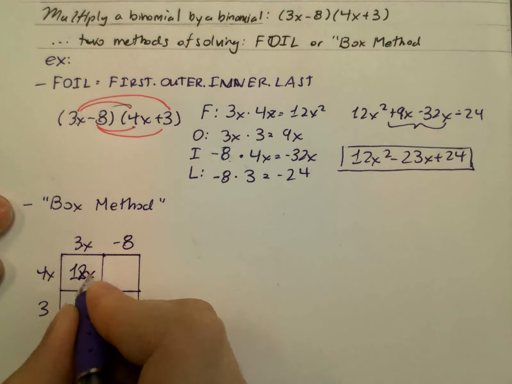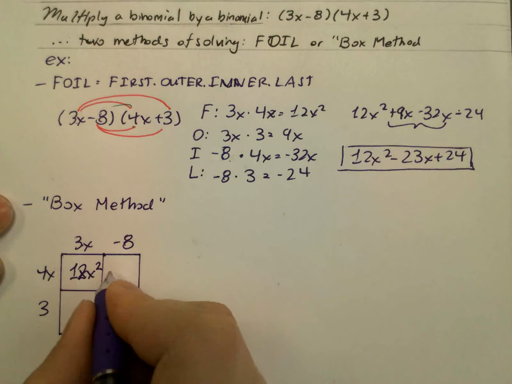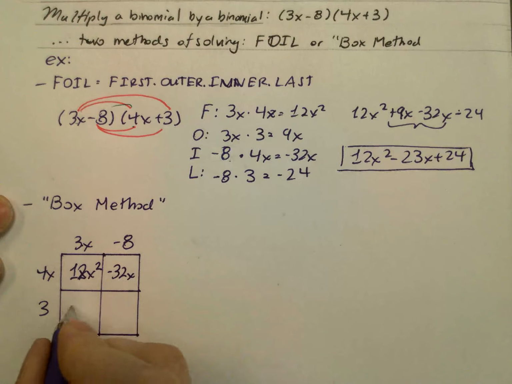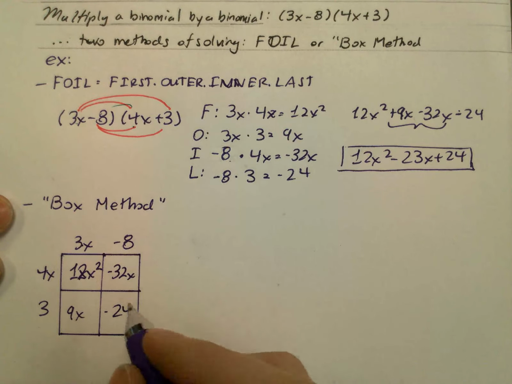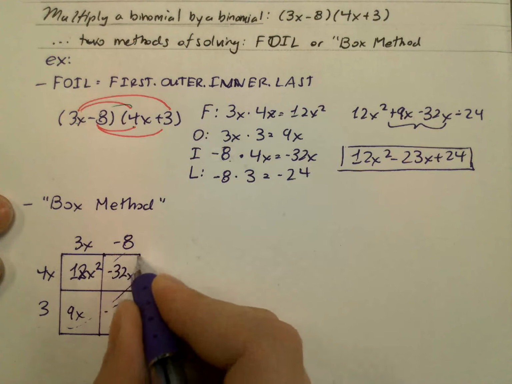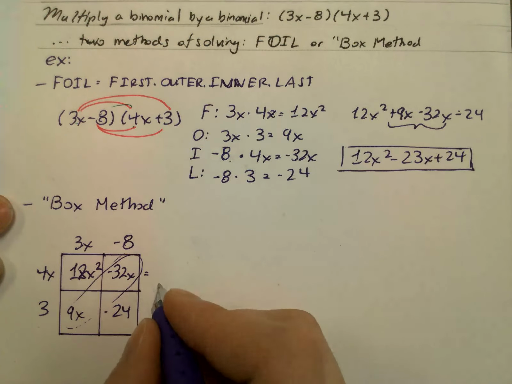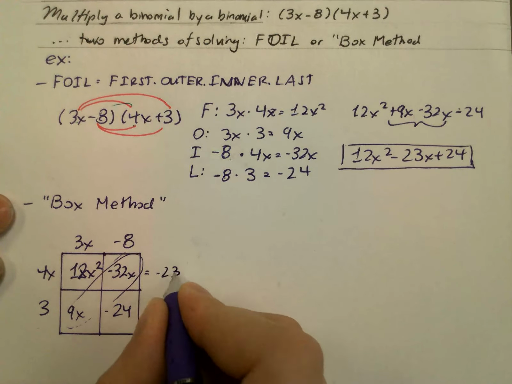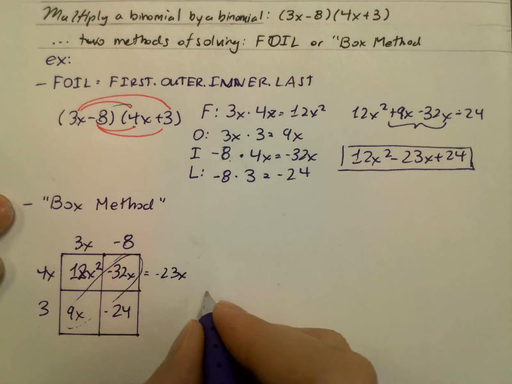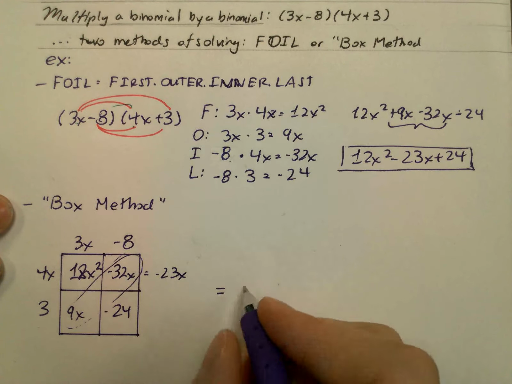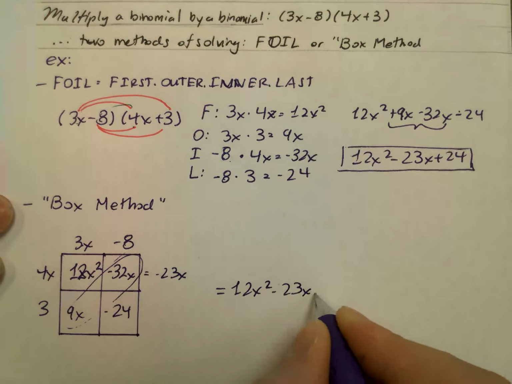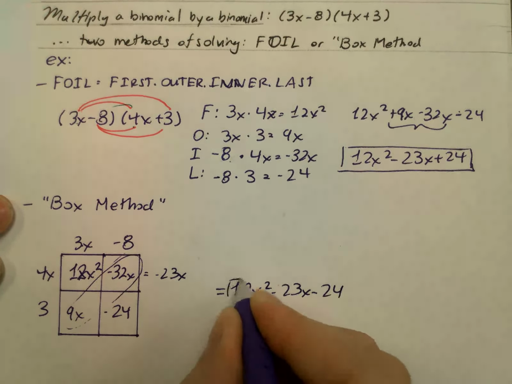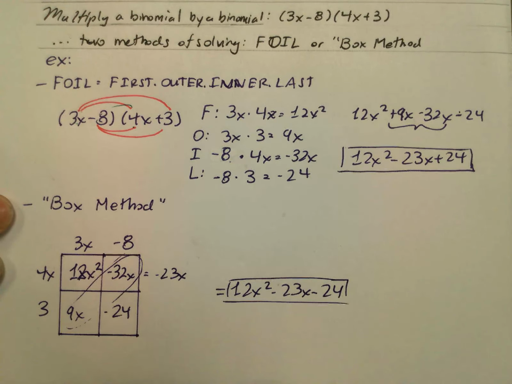So you're going to have 12x squared, negative 32x, 9x, and negative 24. Then you combine these two right here, you get negative 23x, and what comes out is 12x squared minus 23x minus 24.